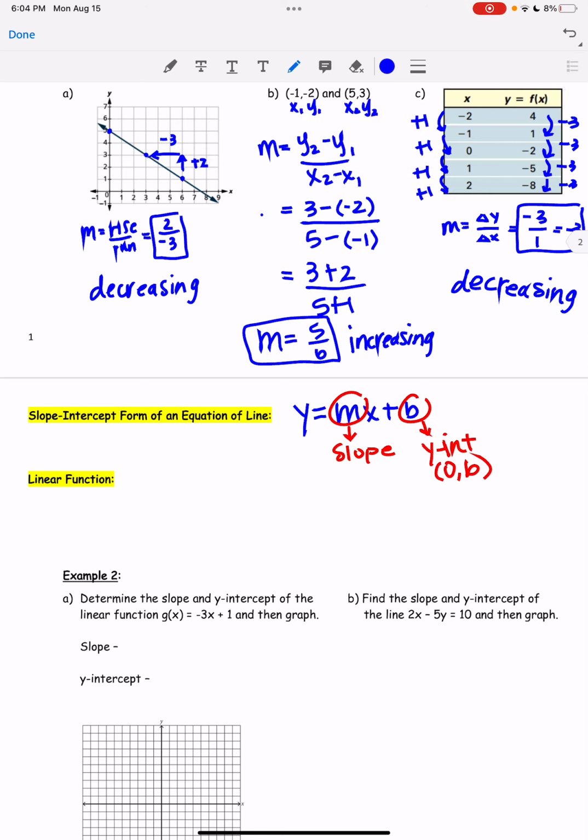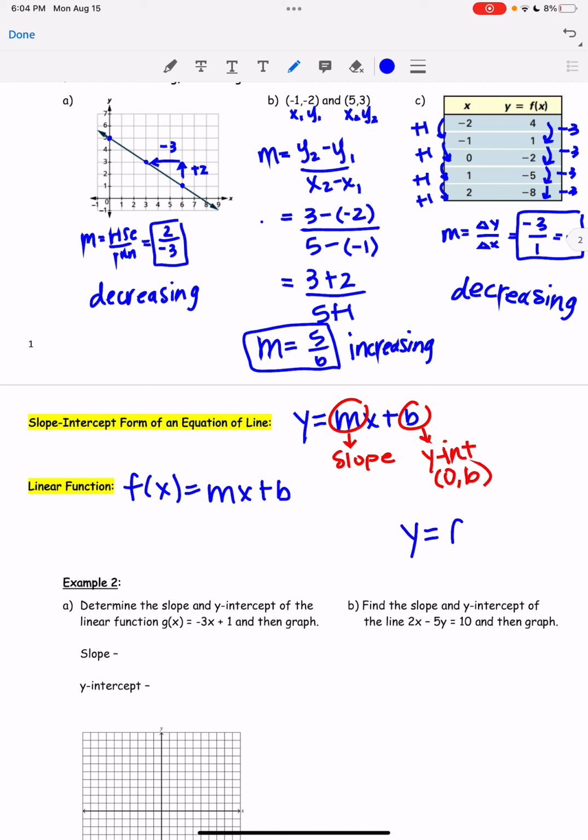So then your linear function is f of x equals mx plus b. So what's the only difference here? The only difference is here you have y equals, now we have f of x equals. Notation.